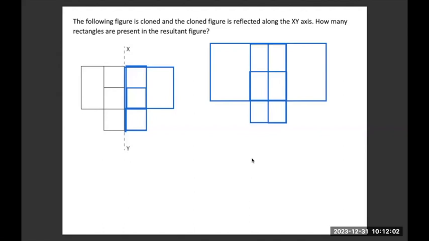Kavya, wrong answer. Anshi, Trisha, wrong answer.